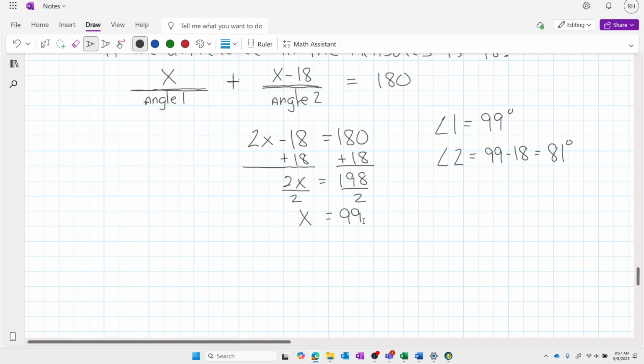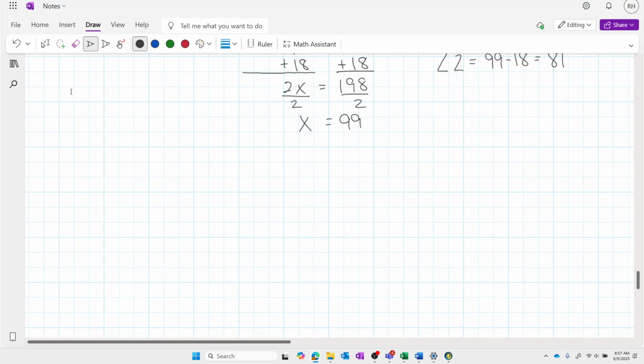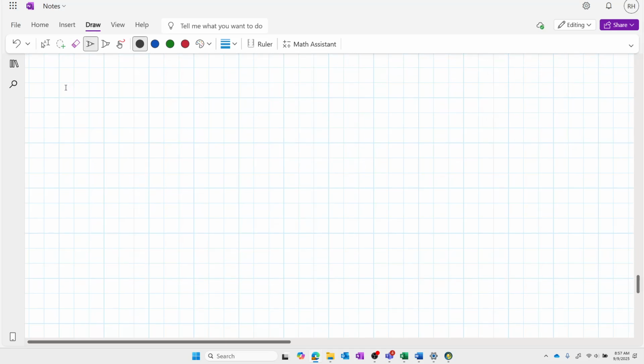Okay. So the format that you're going to use today is going to be the same for all of these problems. You just need to understand the angle relationships in the question.